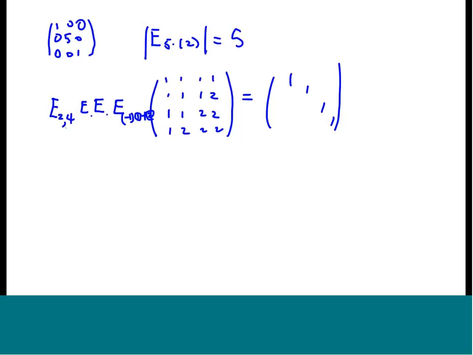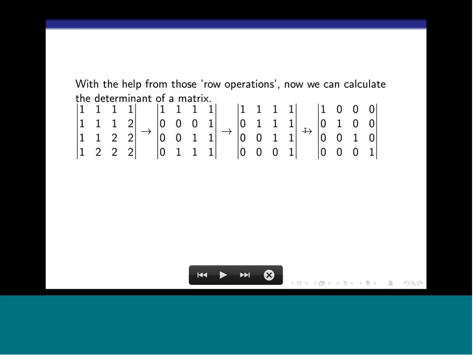So for the last one we use a bunch of these. Let's give them names. The first kind is switching 2 rows. The second kind is adding one row multiplied by something to another row.